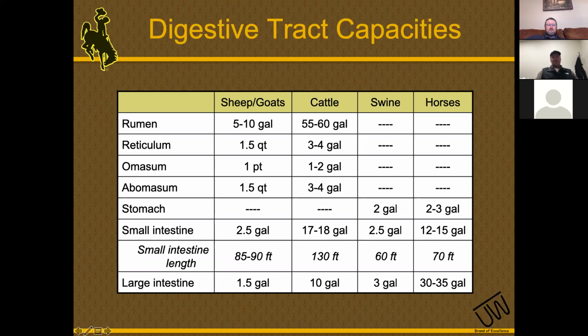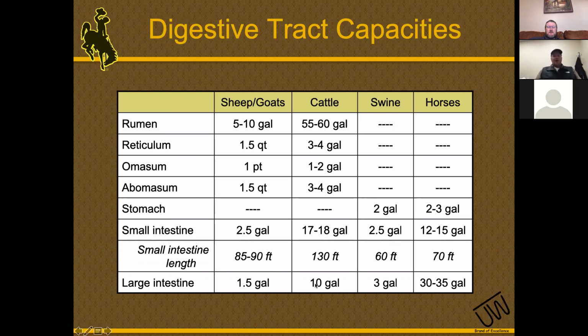Here's just an interesting comparison for the different species. Obviously, there's no fermentation compartment in the swine and the horse, but you can see how large they are. But look at the intestine and compare those to each. The small intestine is similar in size, but look at the large intestine length or capacity, I guess.